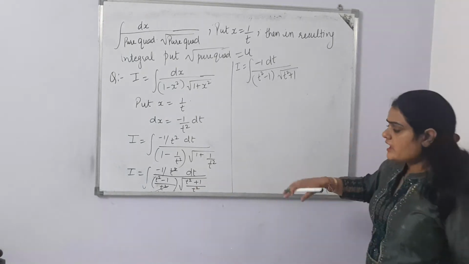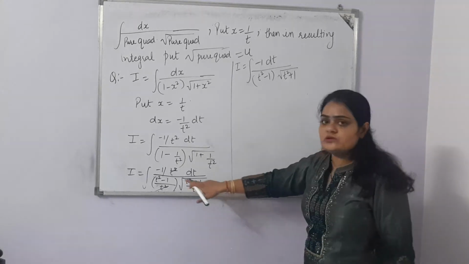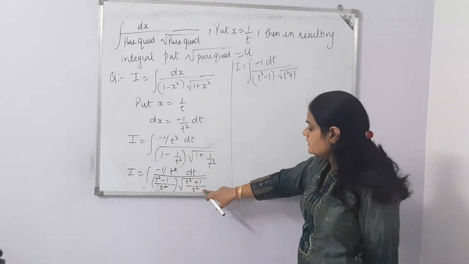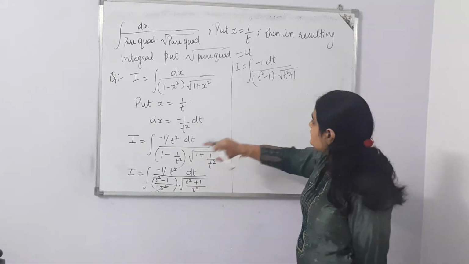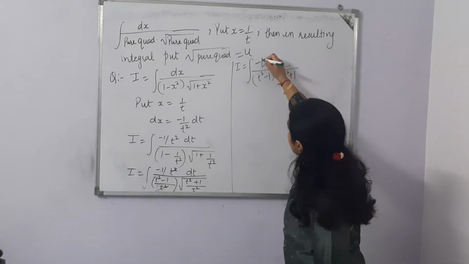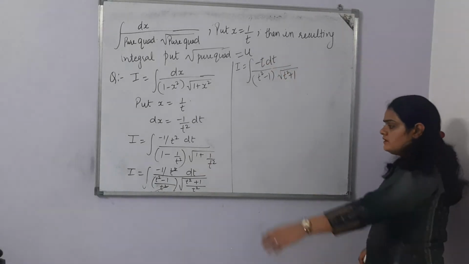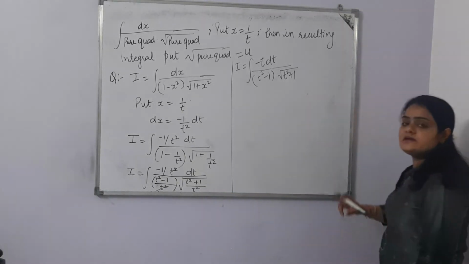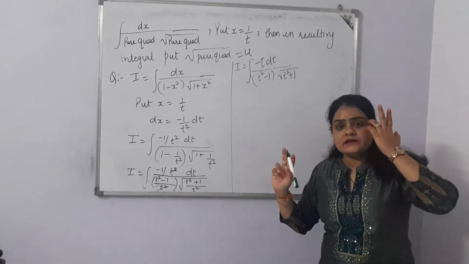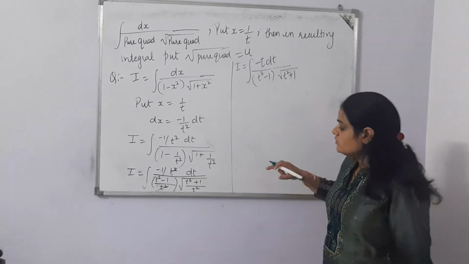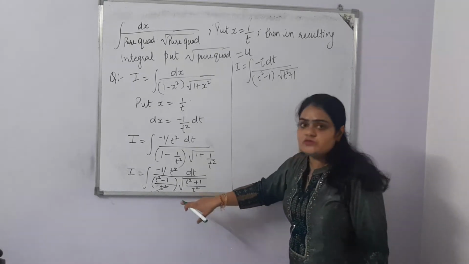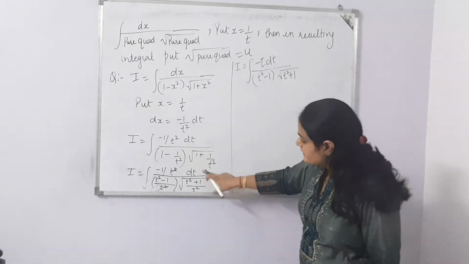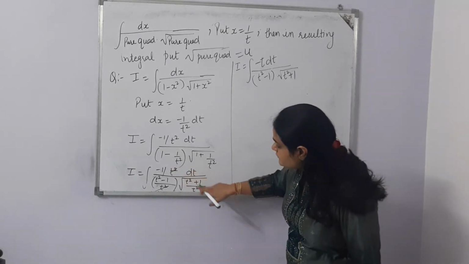So after coming out from under root, it becomes t, so it will multiply with numerator, so it becomes minus t. But I am saying t square is in under root. We know that power 2 will cut out with under root sign, that means 1 by 2. So when it comes out from under root, it becomes t, and here it is in the form of a by b upon c by d.